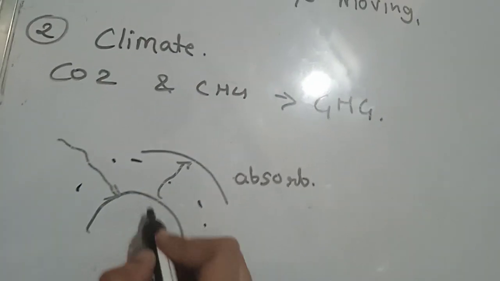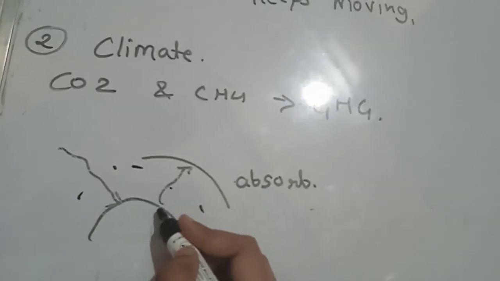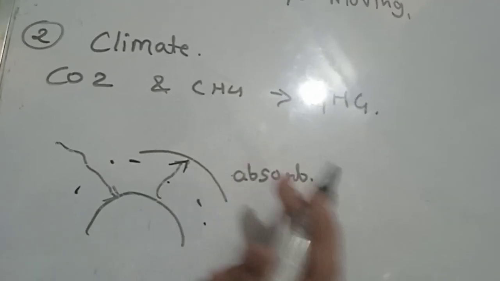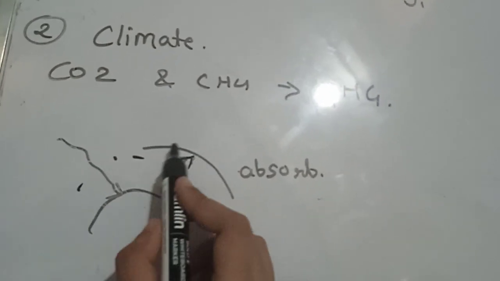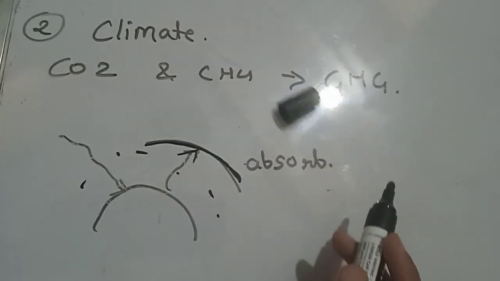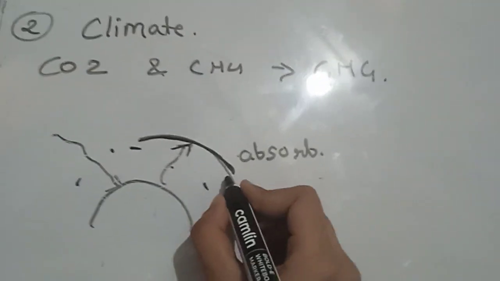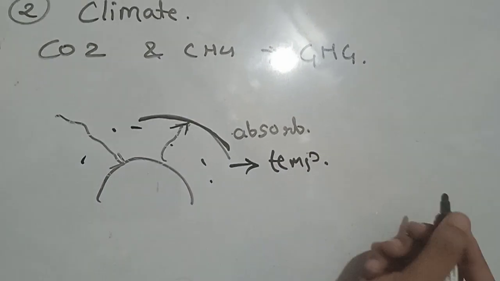But when the earth emits it back, it emits it in the form of long wave radiation. Now the energy is less, so these gases trap it. When they trap it, they maintain the ambient temperature on the earth.